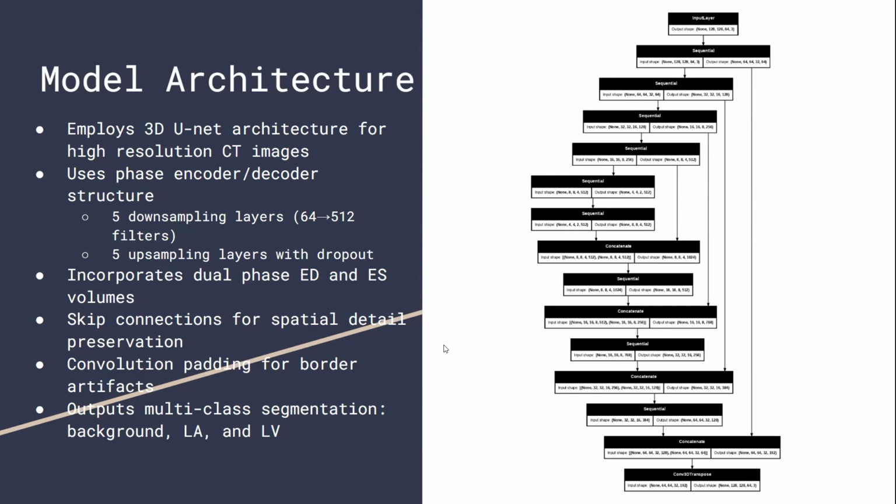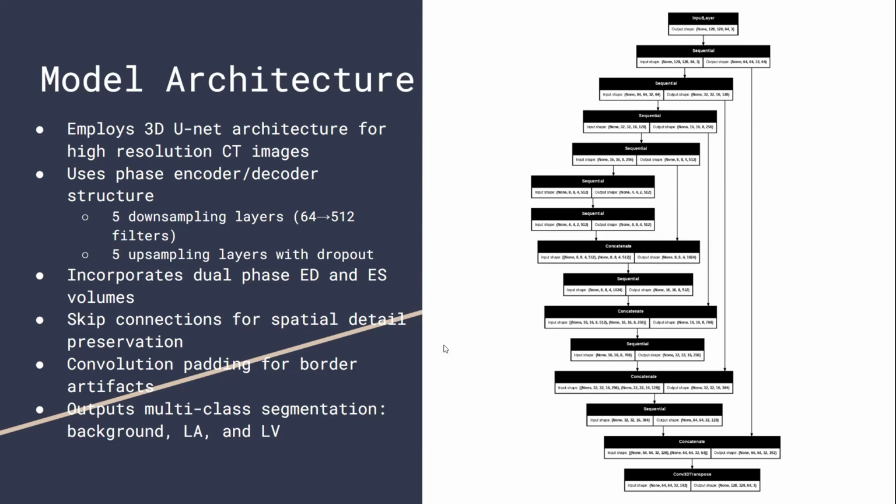The architecture uses a classic encoder-decoder structure with five downsampling layers, which increase the filters from 64 to 512, capturing the features at multiple scales. We use five upsampling layers, include dropout for regularization, and reconstruct the full resolution segmentation. A key feature of our model is the incorporation of dual-phase ED and ES volumes.